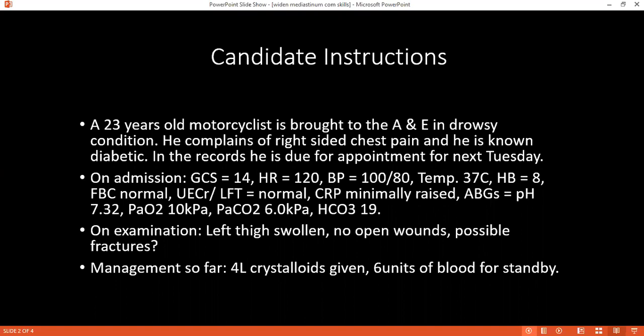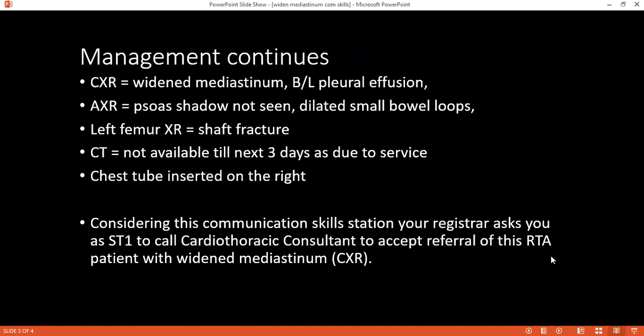So you have inserted a chest tube for this patient, and what has it drained? Actually, I don't have this information right now, but I will check and call you later.